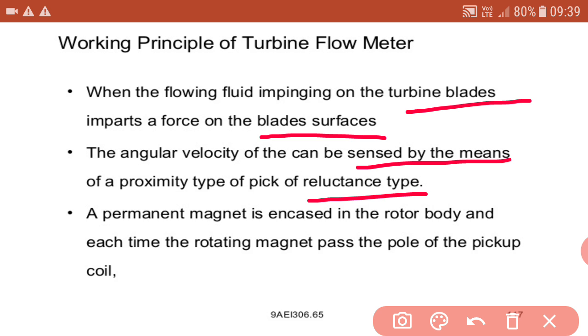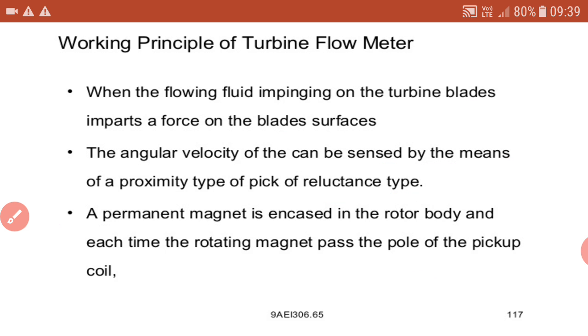A permanent magnet is encased in the rotor body, and each time the rotating magnet passes the pole of the pickup coil, what will happen?